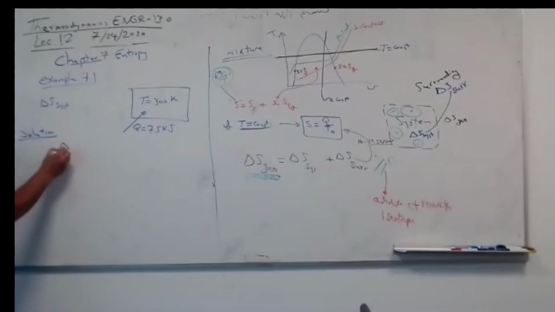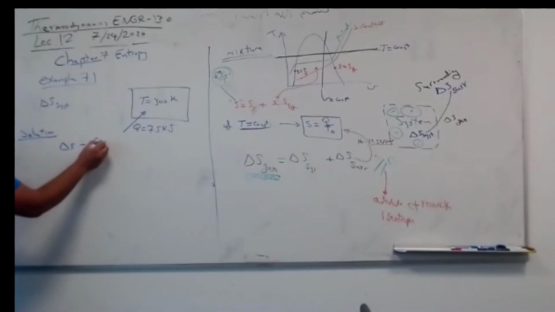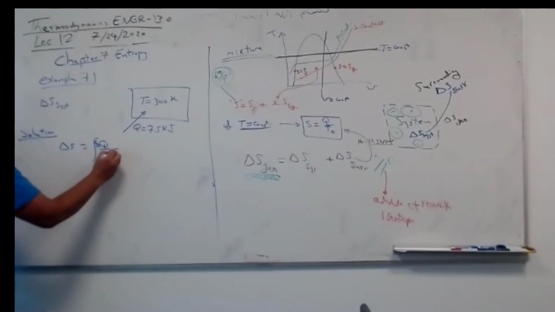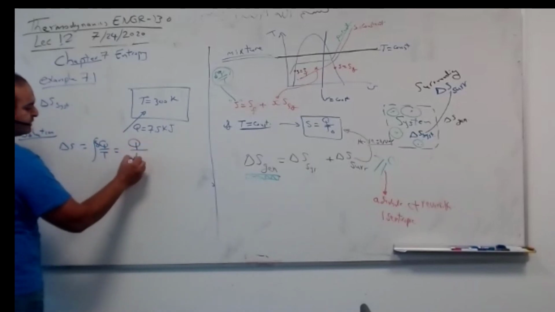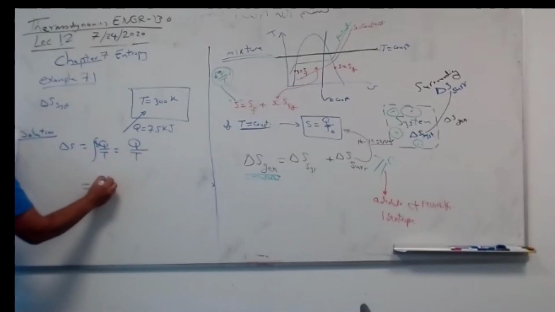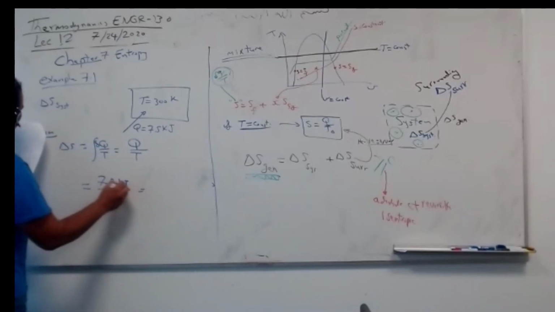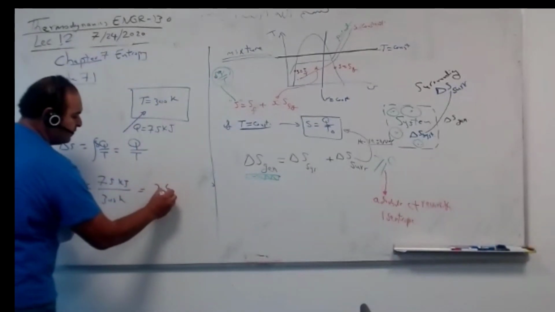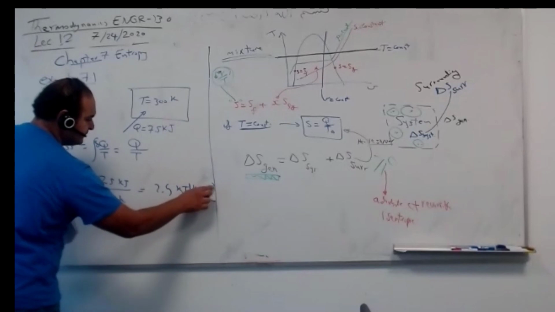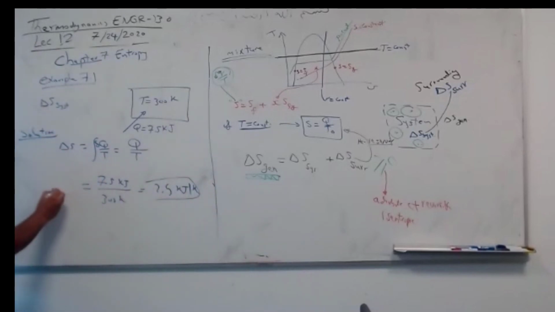So delta S just equals delta Q over T, and temperature is constant, so just Q over T. It means 7.5 kilojoule over 300 Kelvin. It is 2.5 kilojoule per Kelvin. This is delta S system here.